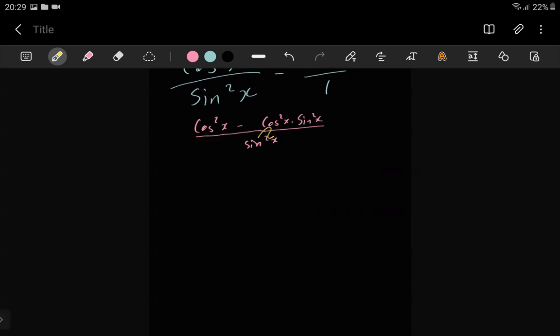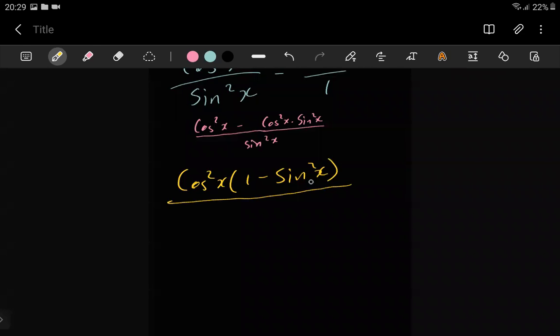It's a whole mess. So what you can do is take out cos squared x as a common factor at the top. Then here you have 1 minus sine squared x. The bottom here you have sine squared x. Do you see?